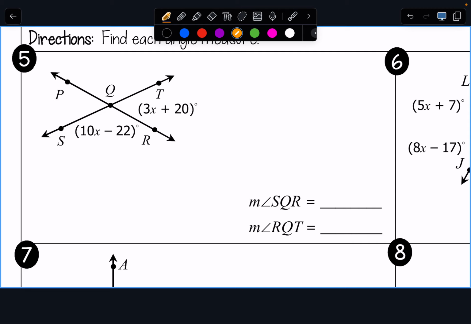On number 5, what's true about these two angles? They're adjacent and supplementary. So we know that these two angles should add up to equal 180. Can you write that with me?